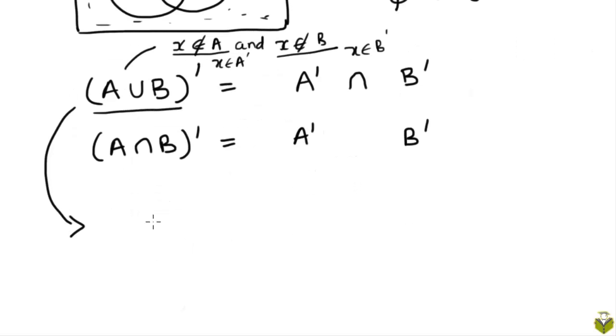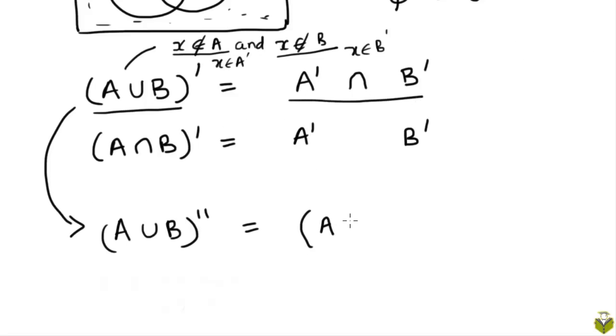Now we also know that if we take the double complement of A union B, that would be like taking the complement of this right hand side.